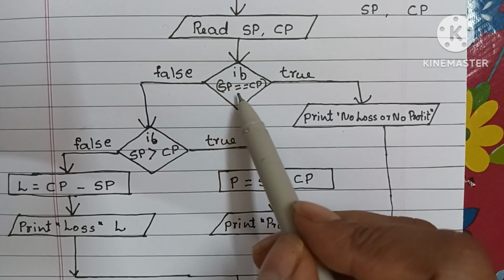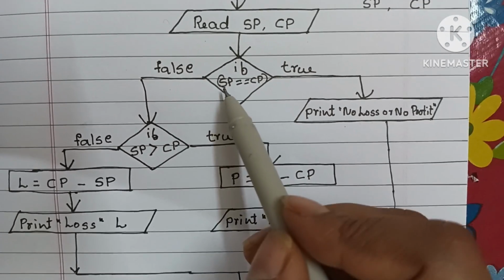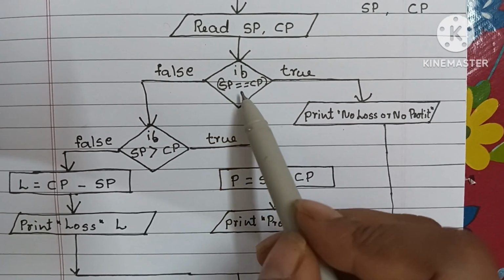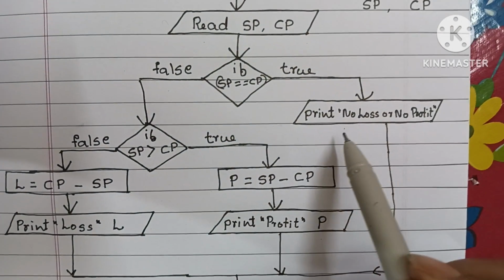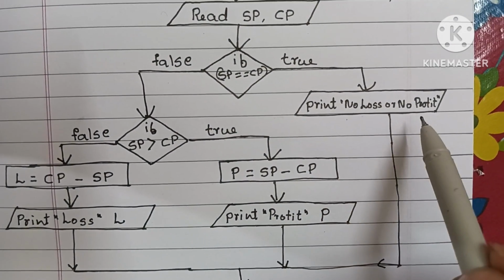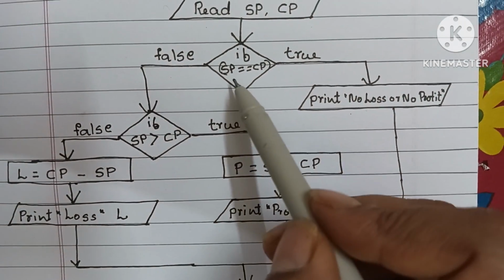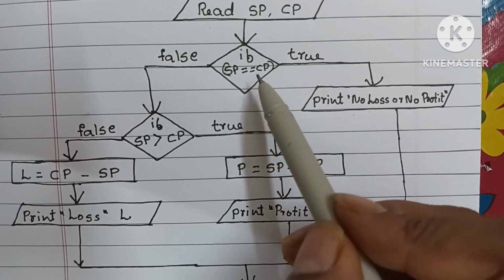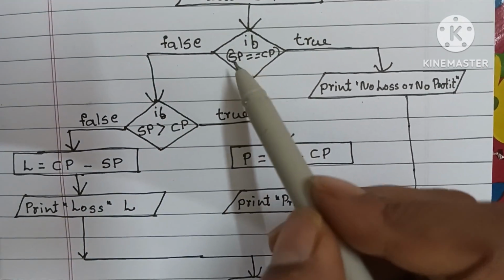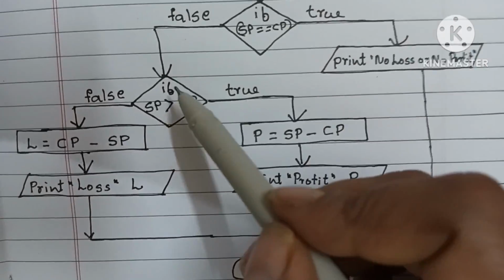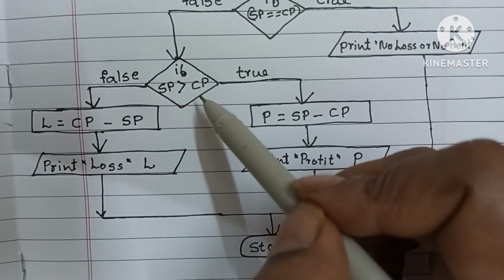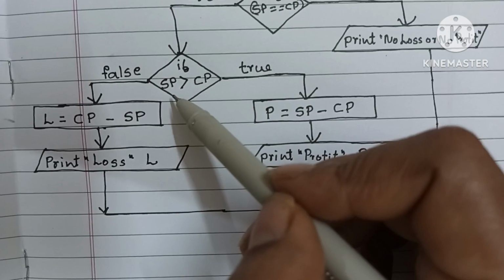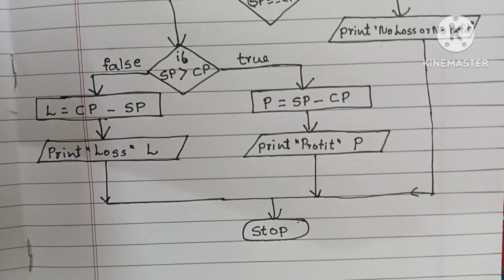If SP is equal to CP, here selling price SP is equal to cost price CP. If this condition is true, we have to print no loss or no profit. If SP is equal to CP, if this condition is false, if this condition is not true, again we have to compare. If SP, selling price, is greater than CP, yes, selling price is greater than cost price, right?